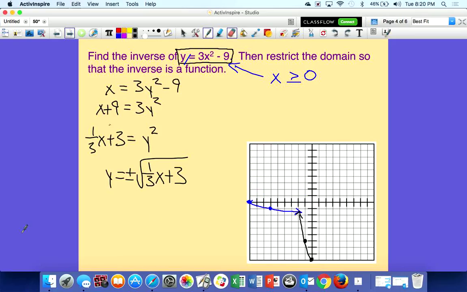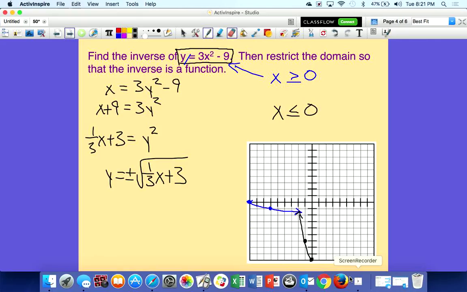So this is one of the very, very strange ones where you just gotta pick x is greater than or equal to 0 or less than or equal to 0, and it is going to be the right answer. But it is always trying to get rid of half of that parabola so that the inverse is a function.